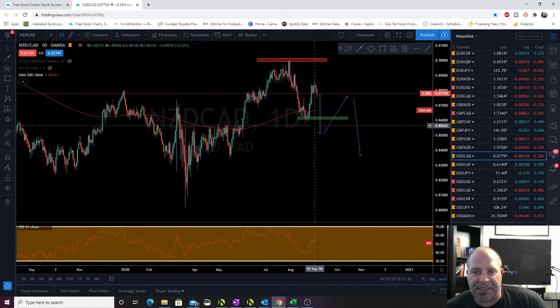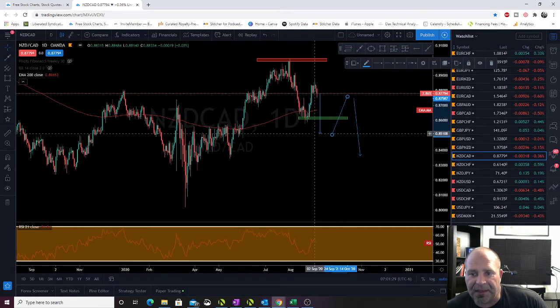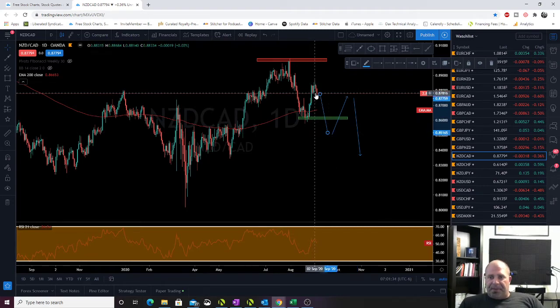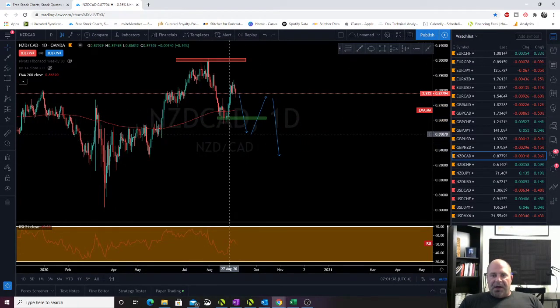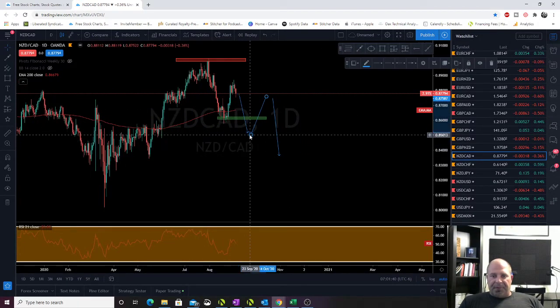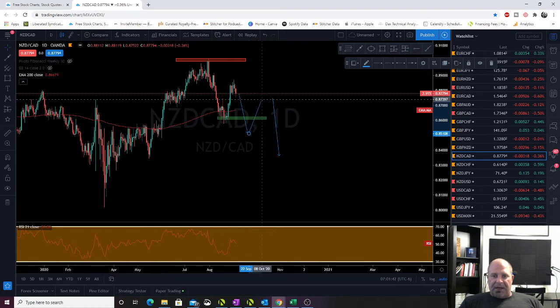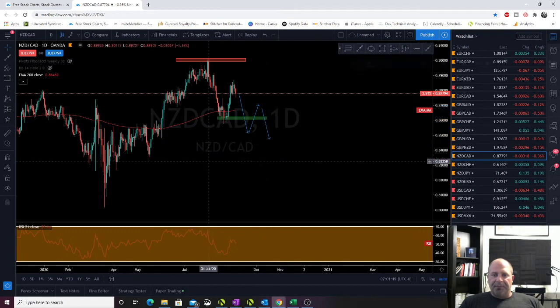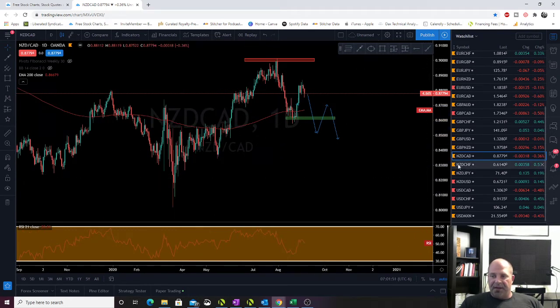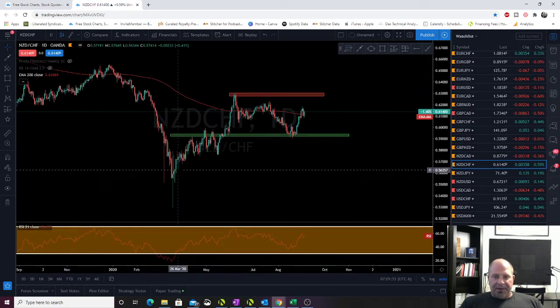So we may see something like this. It's not a bad sell trade because we broke that bottom down to at least this green zone. But if we break through that, we should get a lower high again and then a lower low, if history repeats itself.